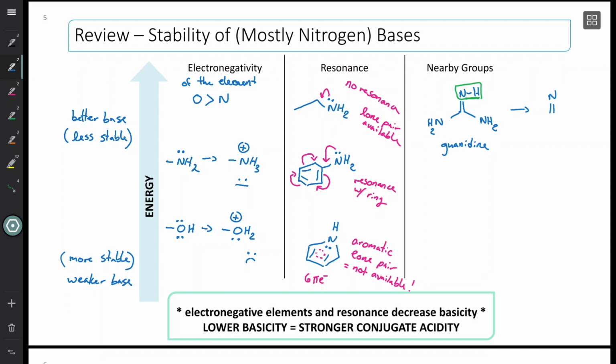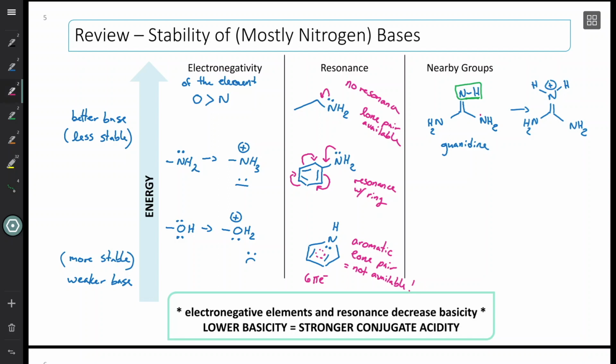Sorry, we're not going to remove the hydrogen, we're going to be a base. We're going to pick up a hydrogen and be positive here. Okay, right, so as guanidine acts as a base, it picks up a hydrogen, and now this nitrogen, sorry, is positively charged.